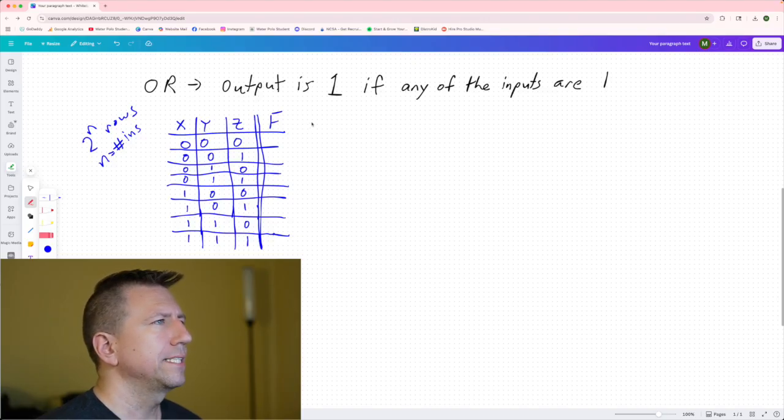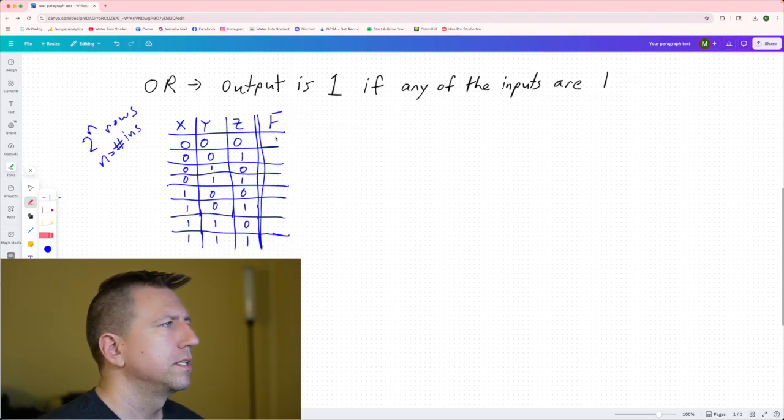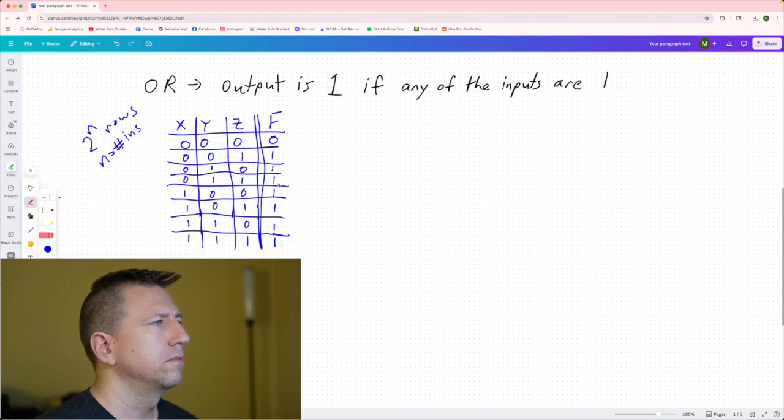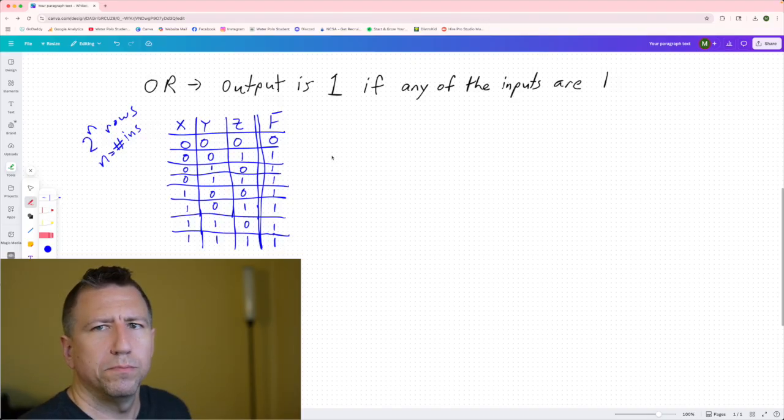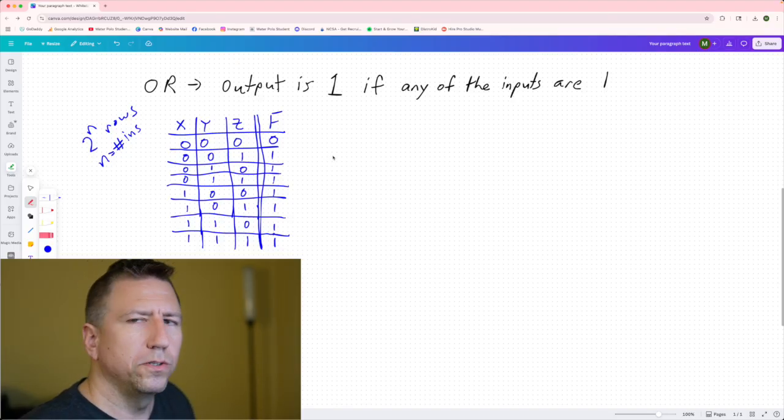And so the answer here, for the OR gate, is that the output is 1 if any of the inputs are 1. And so none of them are 1 here, but for every other case, there's at least one 1. So this is a 0 with a bunch of 1s. So we would say that this is very permissive, and so not very exclusive in a way.